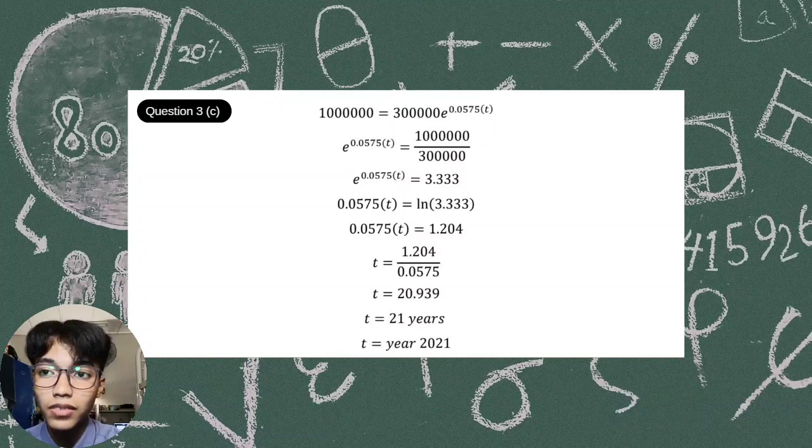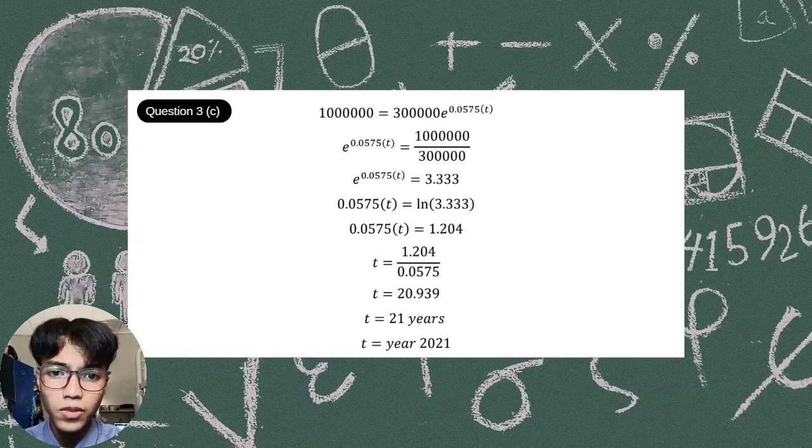Now we divide 1 million by 300,000 people, making the answer 3.333. Now the equation will be e to the power of 0.0575 multiplied by t equals 3.333. To make t sit alone, we need to move the exponent to the right side. So the equation will be 0.0575 multiplied by t equals ln of 3.333.